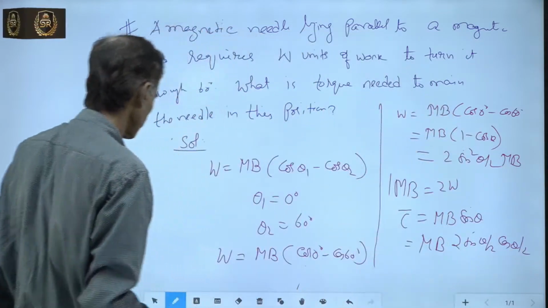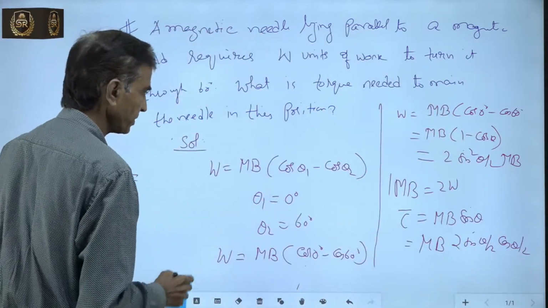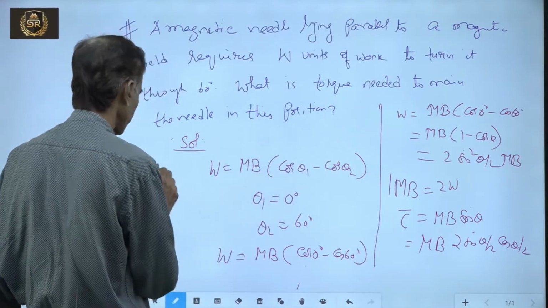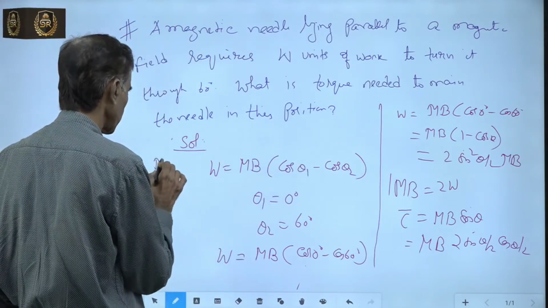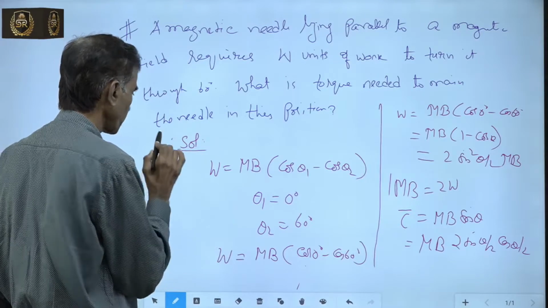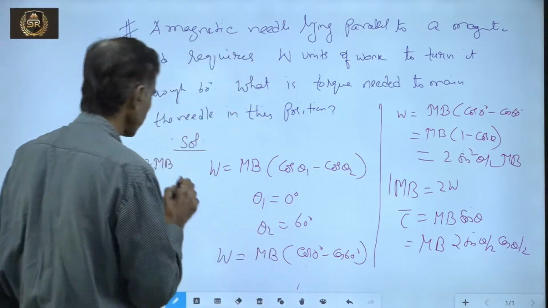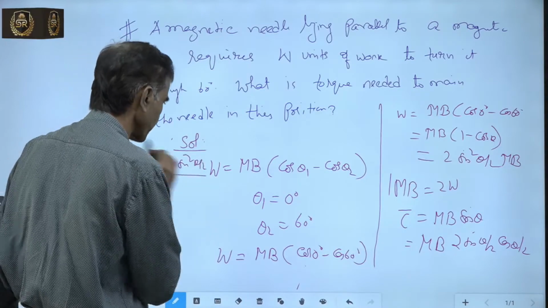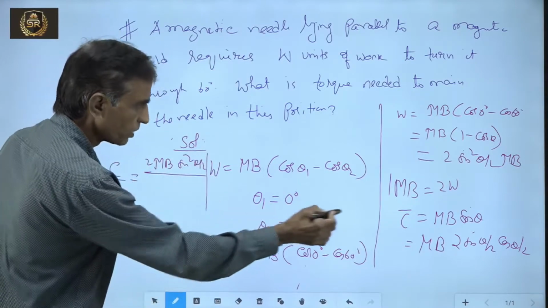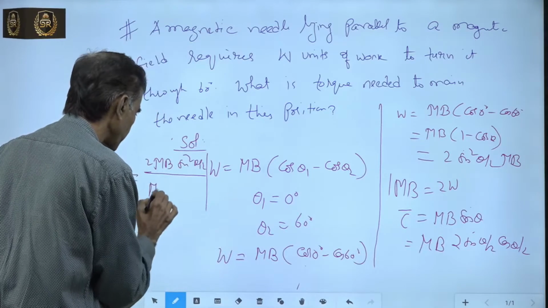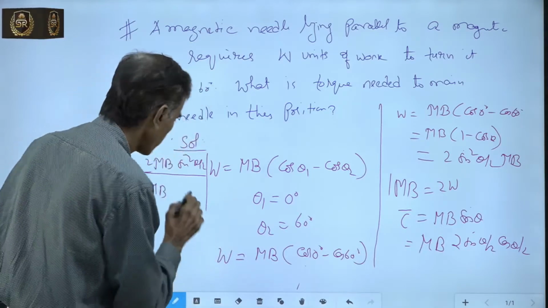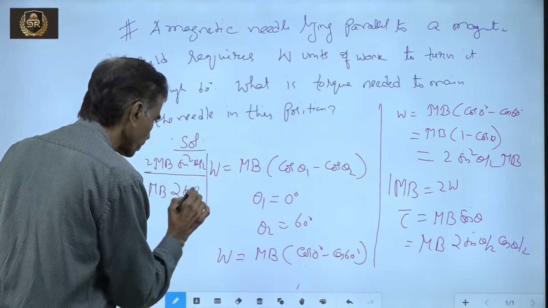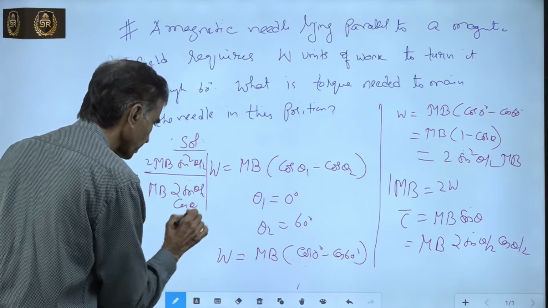Right? Now what will we get here? Now we are going to divide. That is MB 2 sin square theta by 2 divided by MB into 2 sin theta by 2 cos theta by 2.